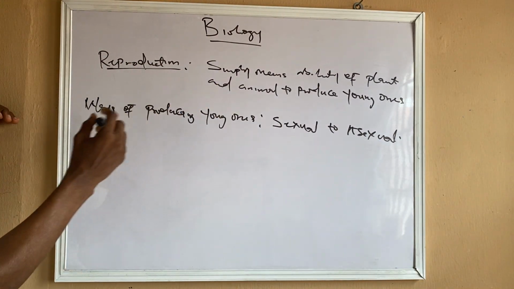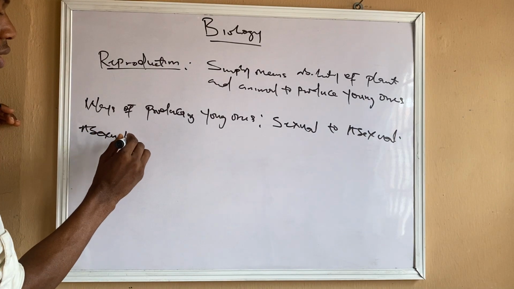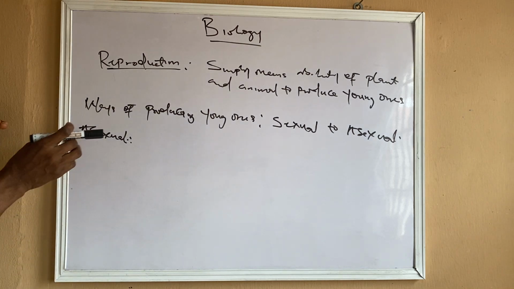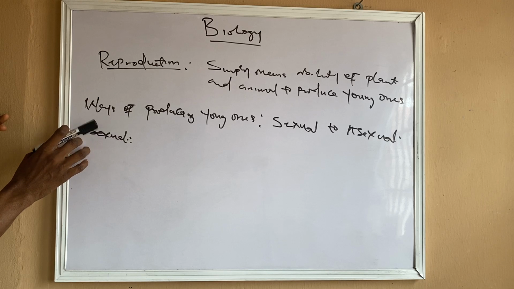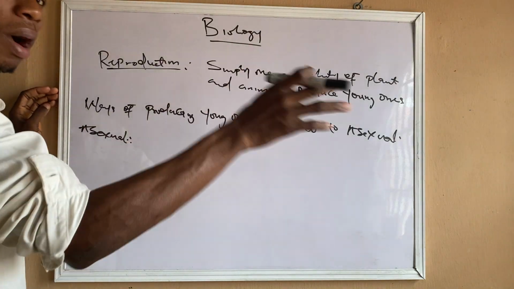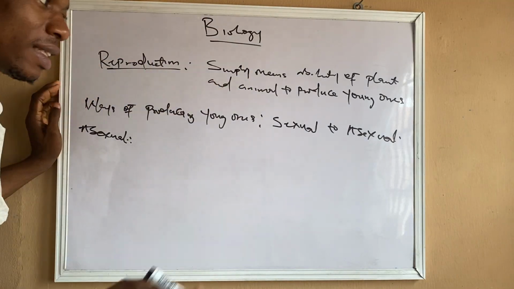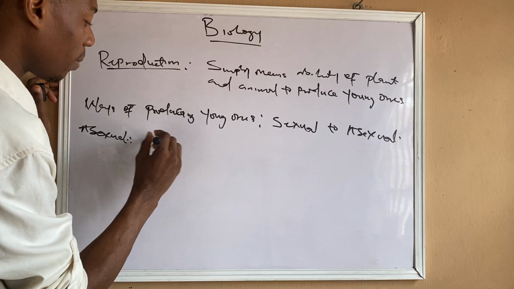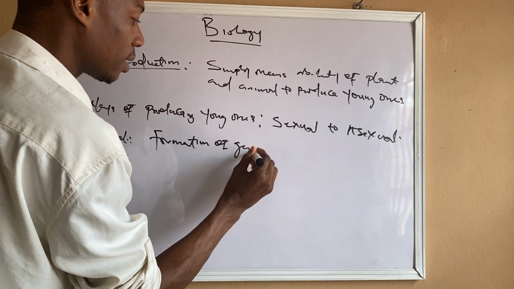Let's start with asexual reproduction. Anything that starts with A in biology usually means it's against the normal process. The normal process that every individual understands when it comes to reproduction is that there is formation of gametes.